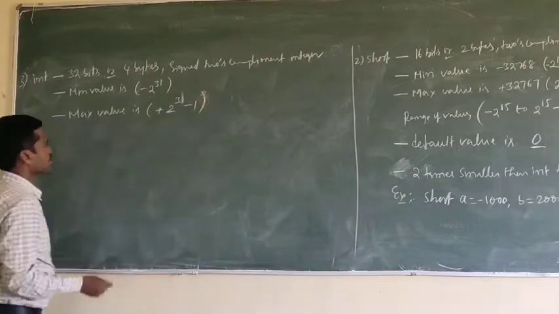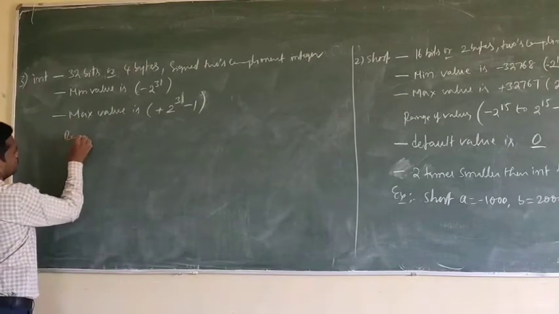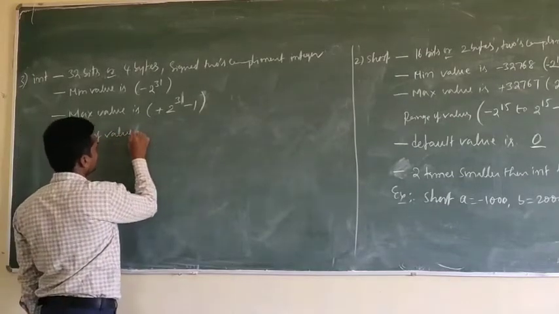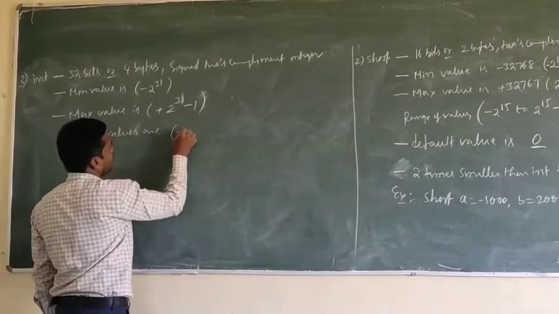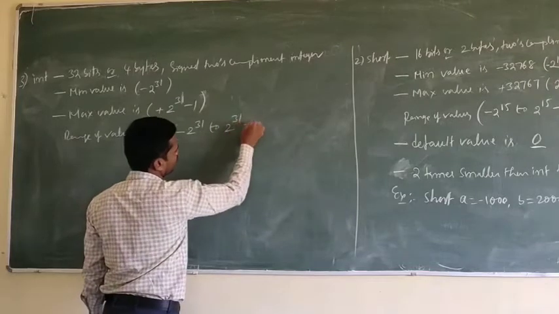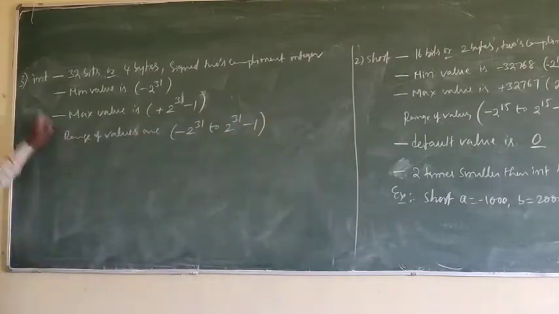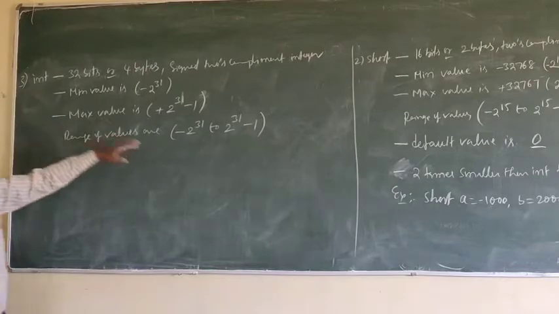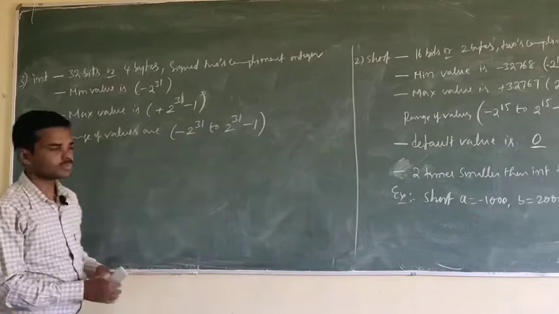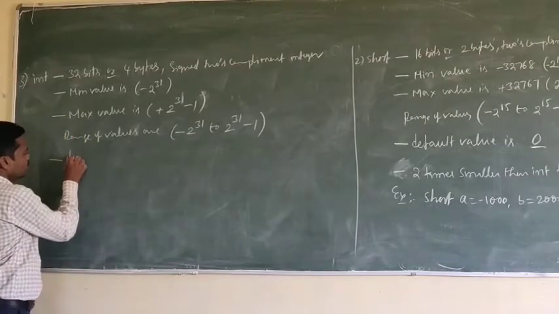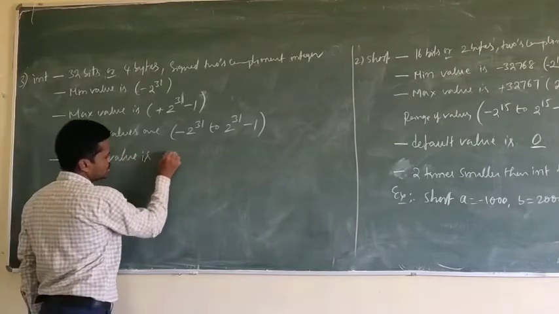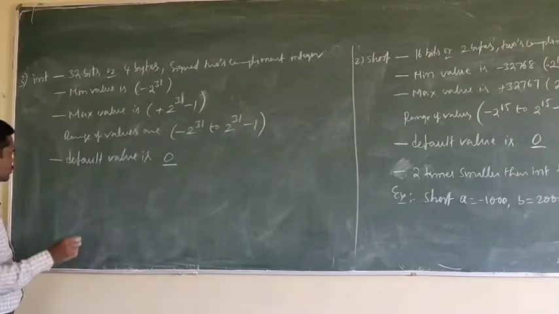So the range of values is minus 2 to the power of 31 to 2 to the power of 31 minus 1. This is the range of values of the integer type. So in the integer type you can store values in this range. And what is the default value? The default value of integer is also 0.